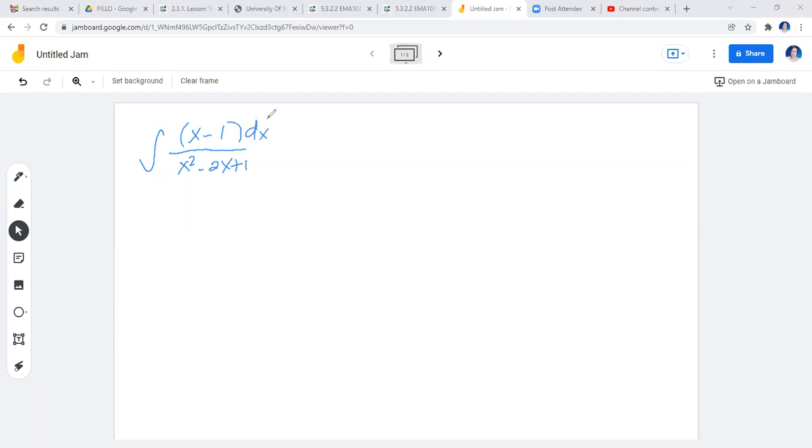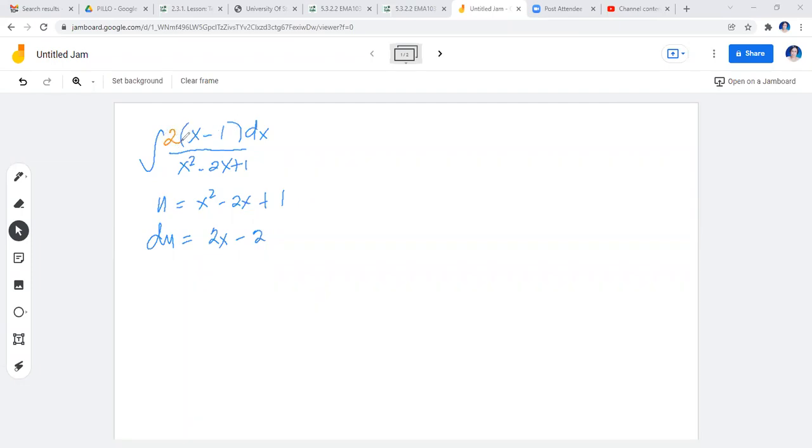Now, I'll go to the suggestion of John and Marianne. So you look for your u. If you set your u to be x squared minus 2x plus 1, the du of this will be 2x minus 2, right? So what do you lack in the numerator? To complete the derivative, you need the 2.